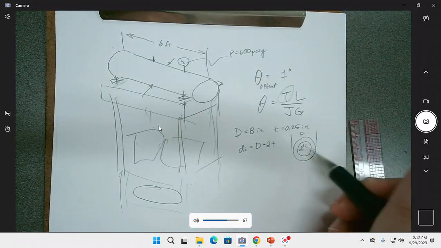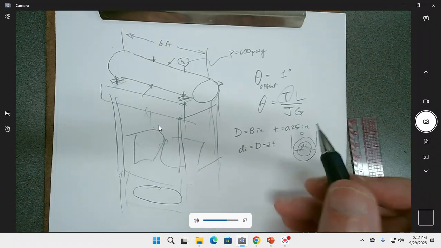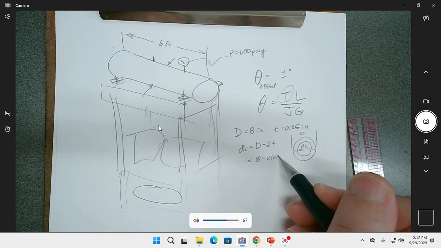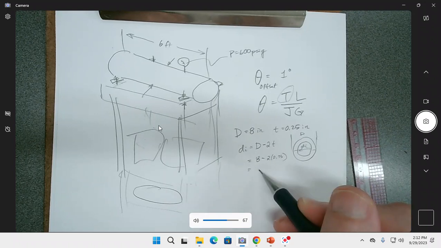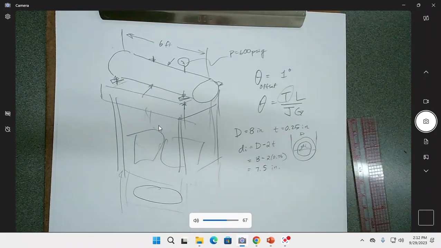There's a thickness and there's a thickness, and that's why it's 2t. So that's going to be 8 minus 2 times 0.25, so that's going to be 7.5. Did I get that right? Thank goodness for small favors.